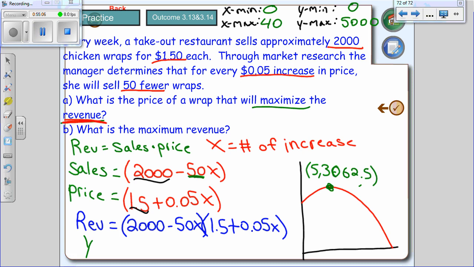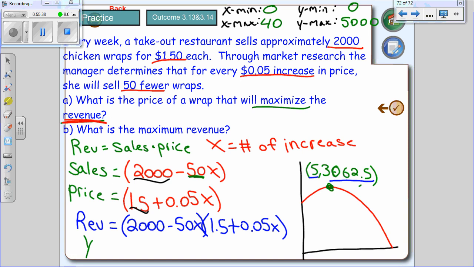Neither one of those are the answer. This point, 5 is the number of increases, so it'll give you a maximum revenue of $3,062.50. The question was, what is the price? The price is $1.50 plus a 5-cent increase 5 times.